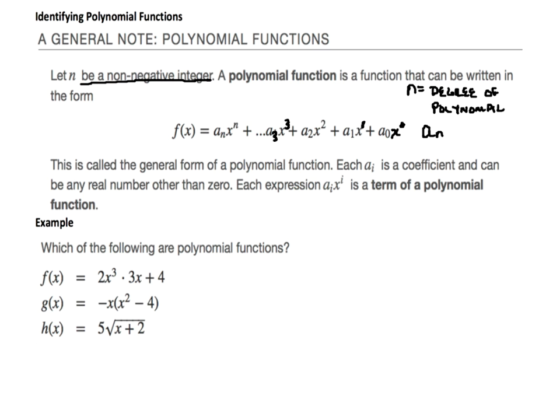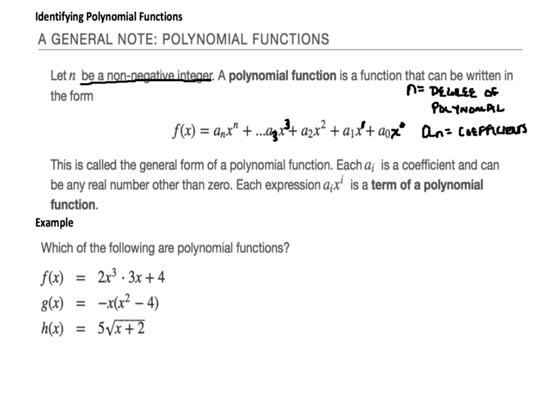So the a sub n's are standing for the coefficients, and they're going to correspond with whatever power that particular term is being raised to.